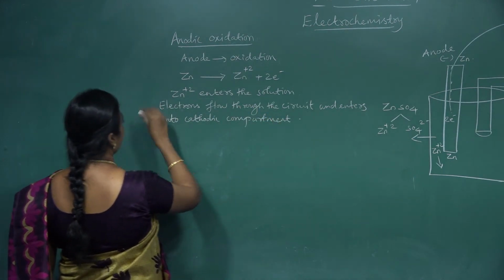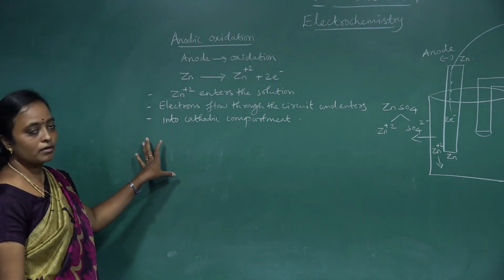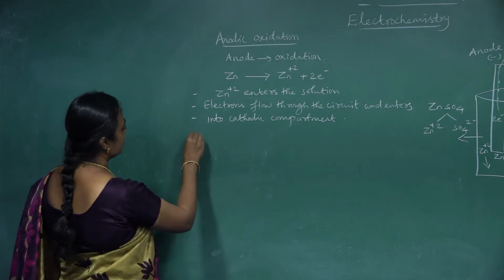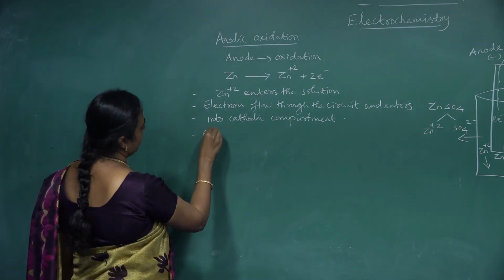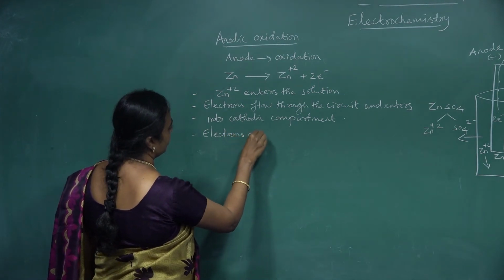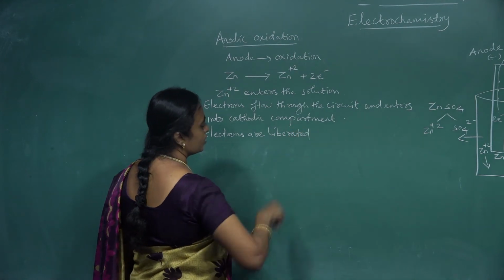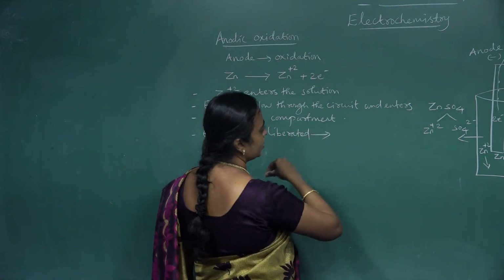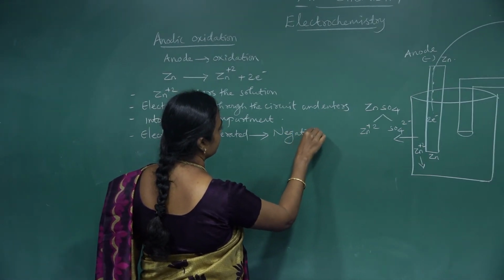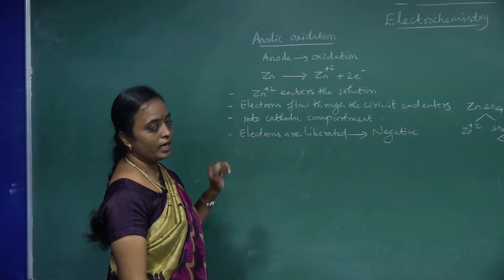Here there will be liberation of electrons. That is, the electrons will flow from one compartment to the other compartment. So the electrons are liberated, hence the compartment will be negative. A negative sign will appear at the anode.